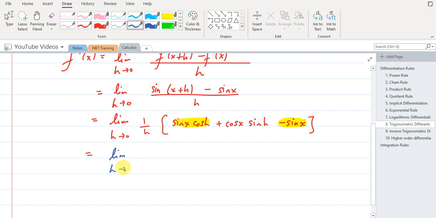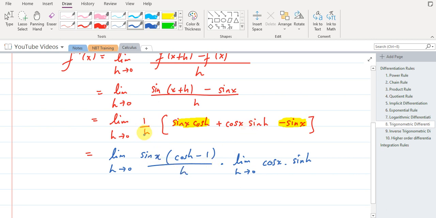The limit as h approaches 0 of sin x times cos h minus 1 all over h, plus the limit as h approaches 0 of cos x times sin h over h.